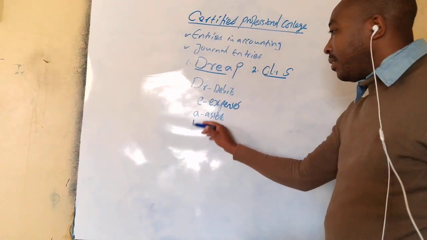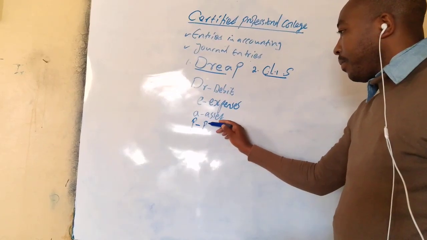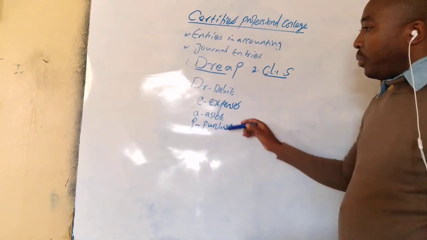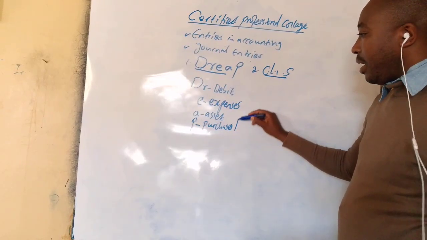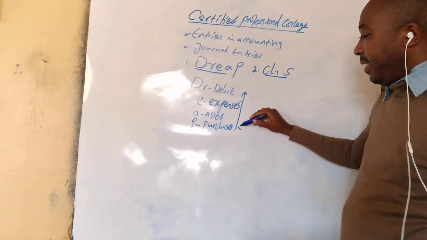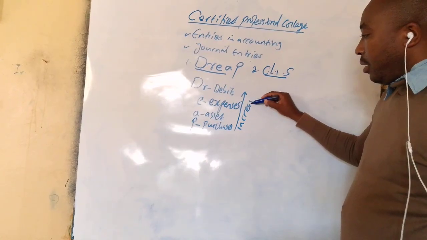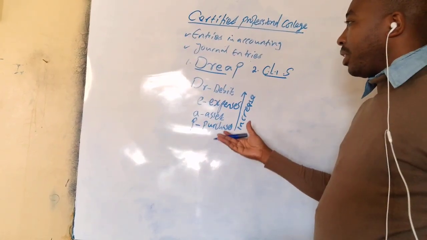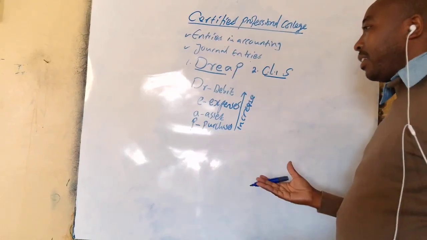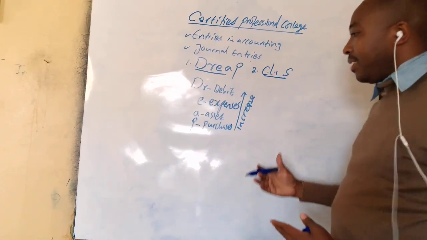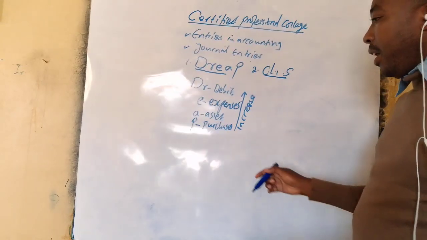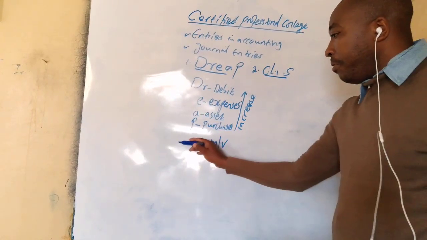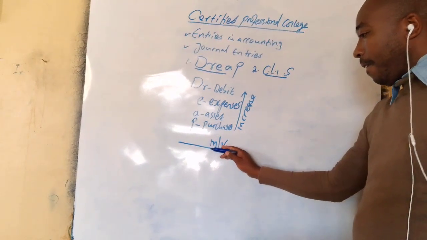We have purchases. And purchases, we record on the debit side, and this is when they increase. When you master that, it means when they reduce, you record on the opposite side. Let's take a case whereby we have a motor vehicle account. Remember, motor vehicle is an asset.